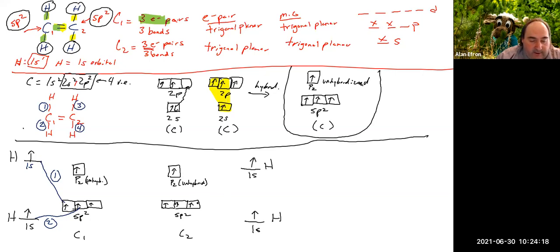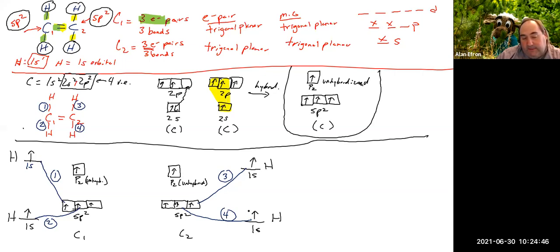So for example, carbon number 2 and hydrogen over there makes a bond which would represent bond number 3, a bond between the sp2 hybrid orbital in carbon number 2 and the 1s orbital in the hydrogen. We also have bond number 4, which would be these guys coming together, making the bond between the sp2 hybrid orbital and the 1s orbital in hydrogen.